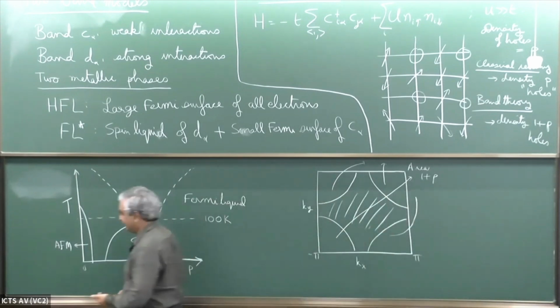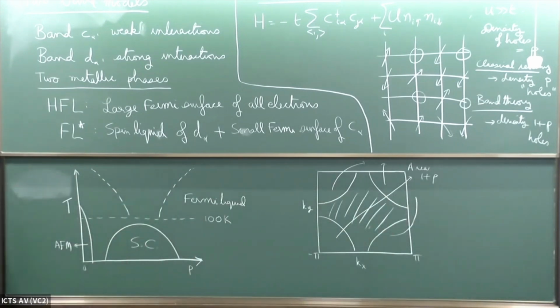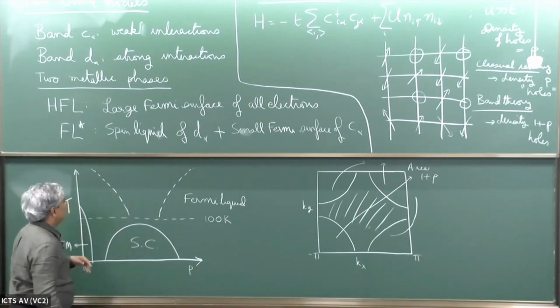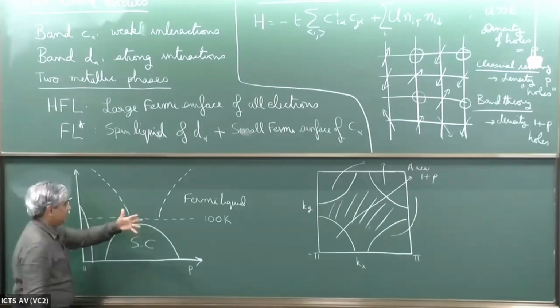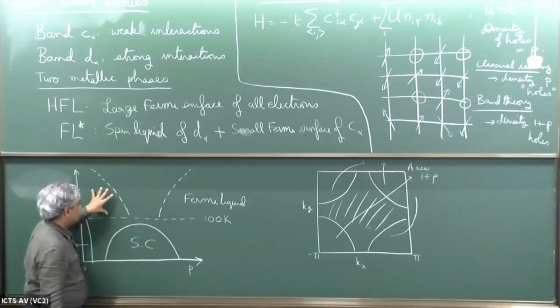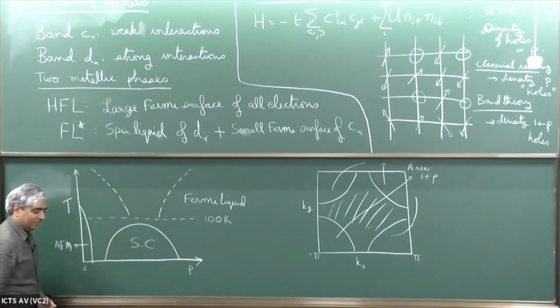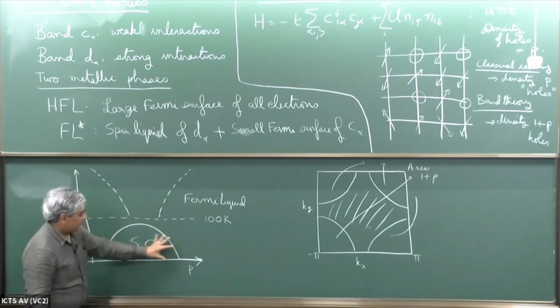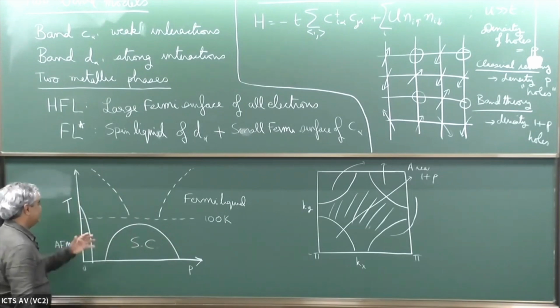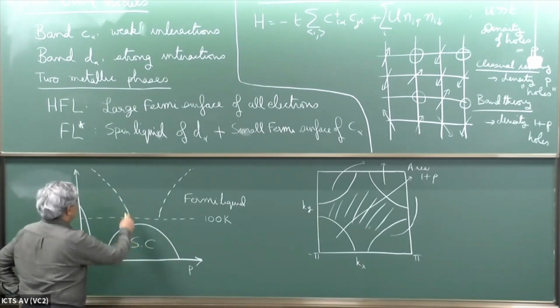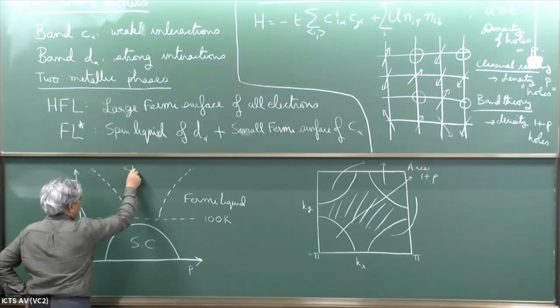All right. So then, of course, the big puzzles are these other phases. And the point of view, as I mentioned, that I'm taking is that once we understand these phases, then we can ask about various instabilities of these phases at low temperatures. And then we can address the issues here. So this phase is often called the strange metal.